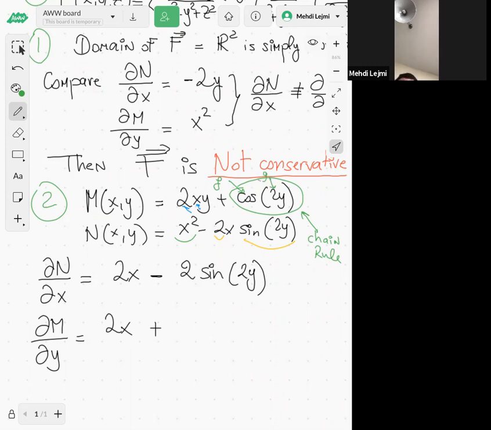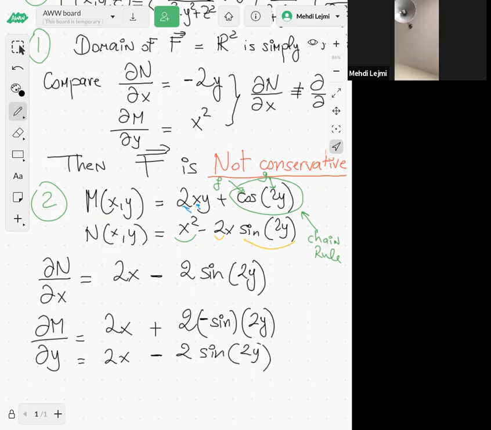So the chain rule would give you g prime, the derivative of 2y, that would be 2, times f prime of g. f prime, the derivative of cosine, is minus sine. So it's minus sine of g, so it's minus sine of 2y. Right? So that will be equal to 2x, and there's this minus sign, so it's minus 2 sine of 2y.